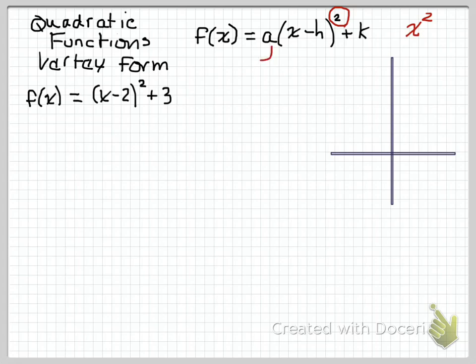The A indicates whether or not we're going to flip our basic quadratic graph, which we know is a parabola. Are we going to flip that over the x-axis, and whatever number that A is will tell us that. In addition, that A also tells us whether or not our parabola is going to be compressed or stretched.